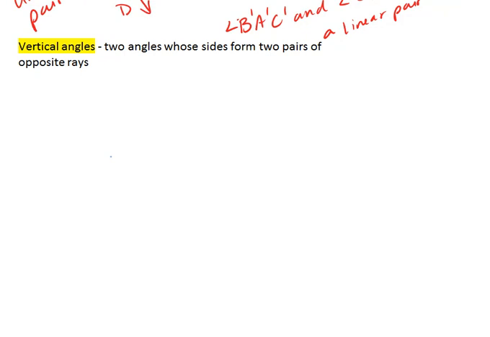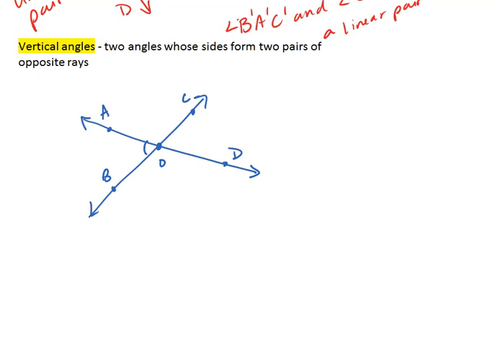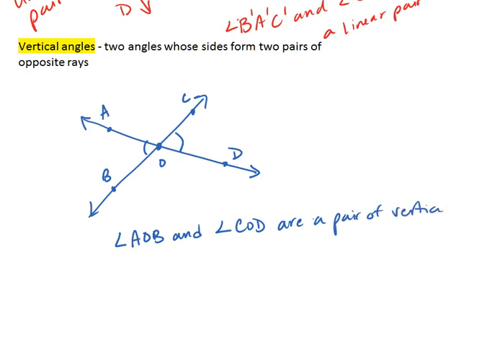That's a little technical, but what it means is if we were to draw two straight lines, we'll say they intersect at point O. We'll have A, B, C, D. Then angle AOB and angle COD are a pair of vertical angles.